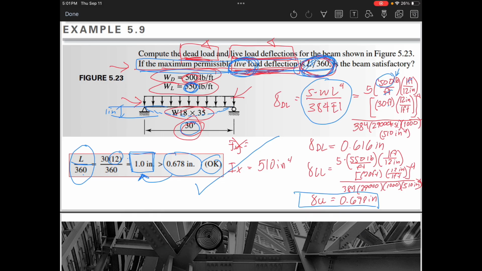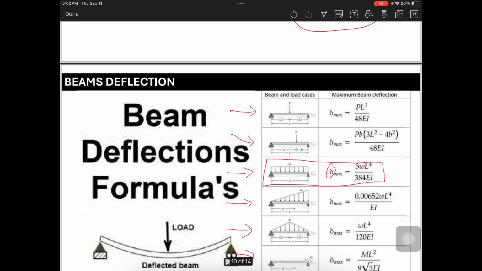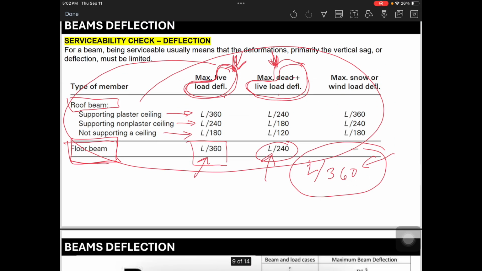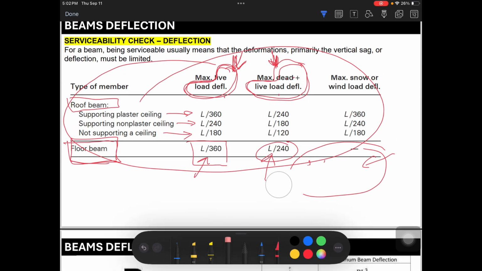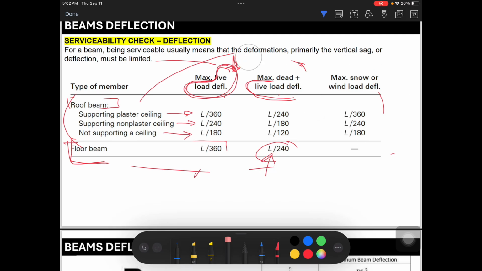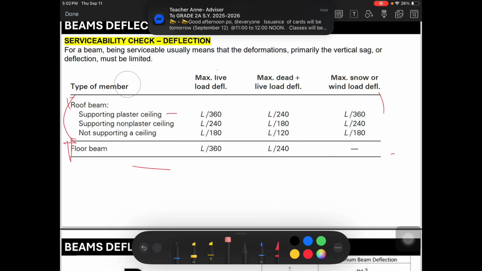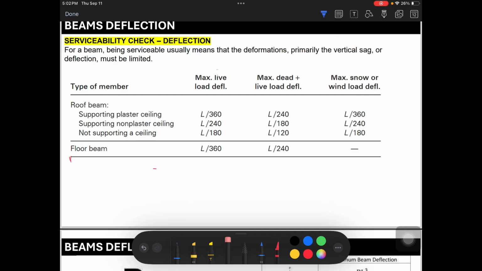Or if walang binigay na limit, you have to refer dito sa table. Kailangan sabihin niya kung ano ang type of beam mo, kung roof beam ka, and kung ano yung ipapa-check niya, if maximum live load or maximum dead load plus live load, etc.